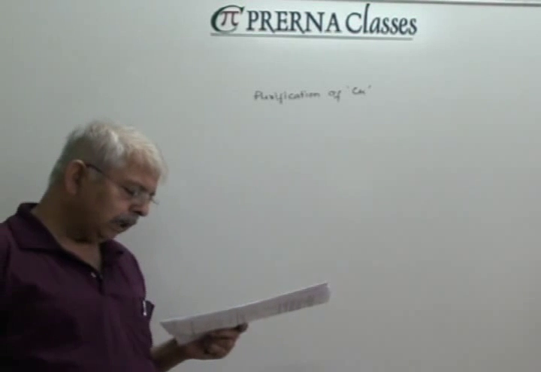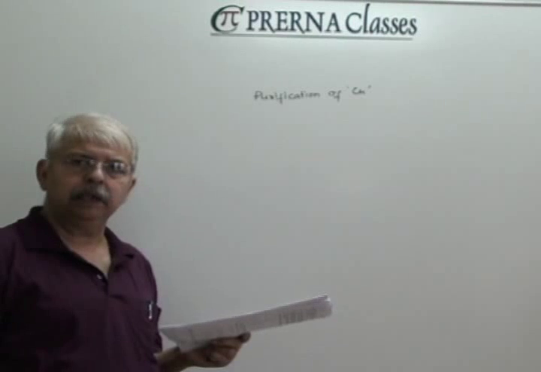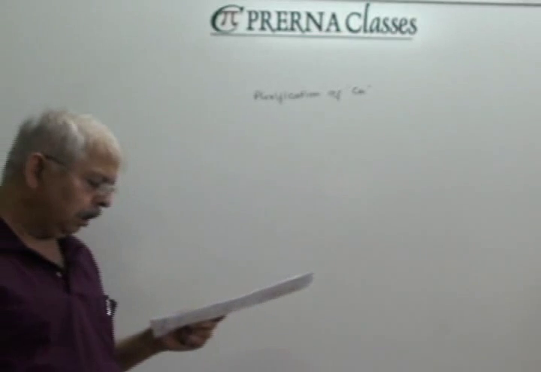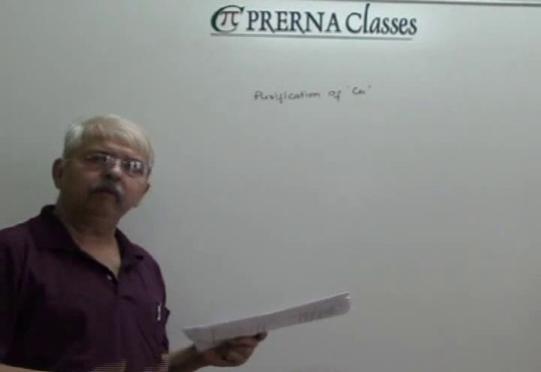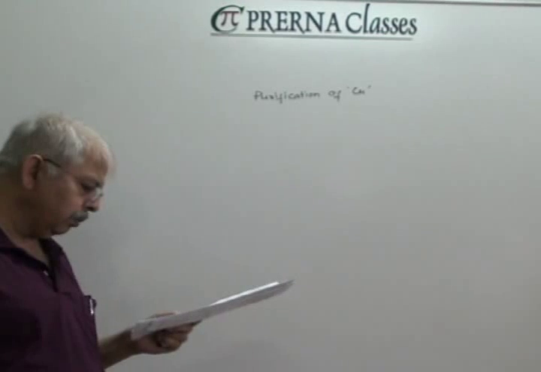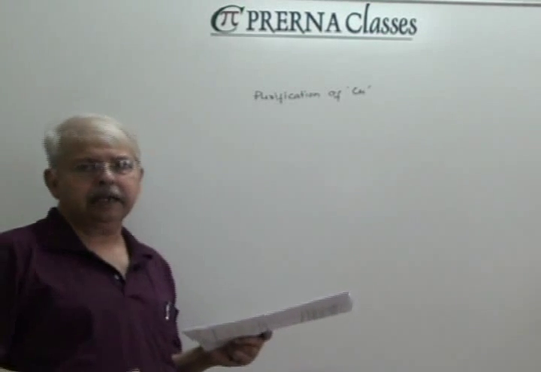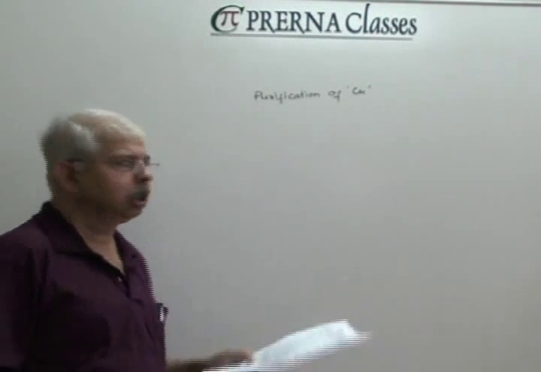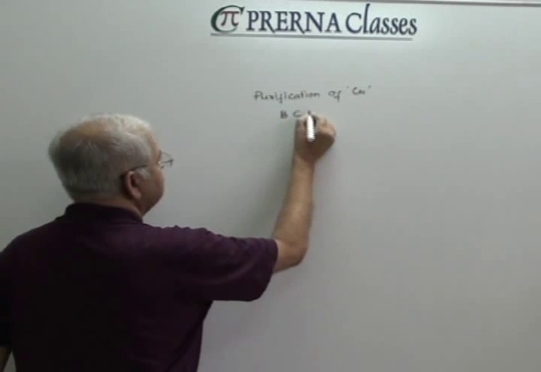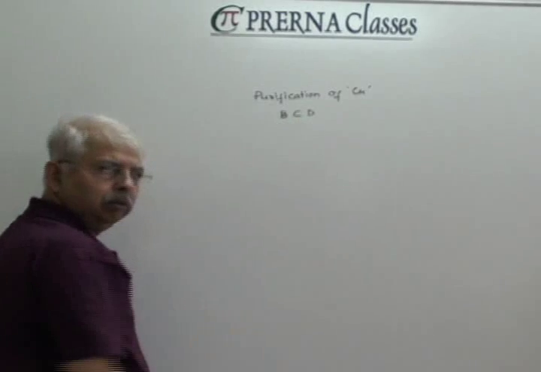Statement B, acidified aqueous CuSO4 is used as electrolyte, is the correct statement. Pure Cu deposits at the cathode, as I have already said. So that's a correct statement. C is also a correct statement. Impurity settles as anode mud, and this is also a correct statement. So the correct answer is B, C and D.